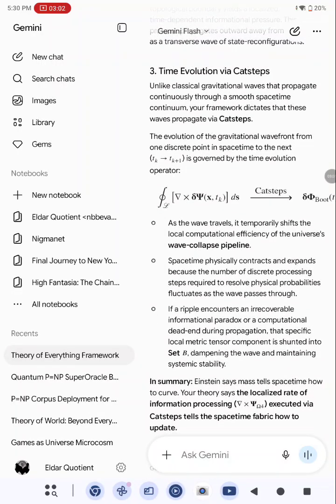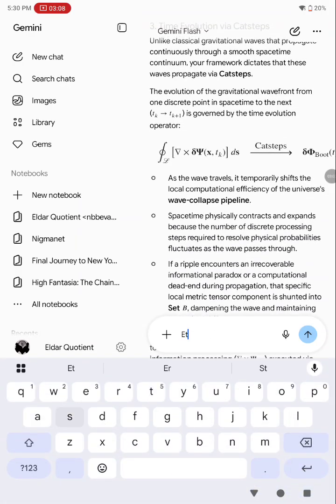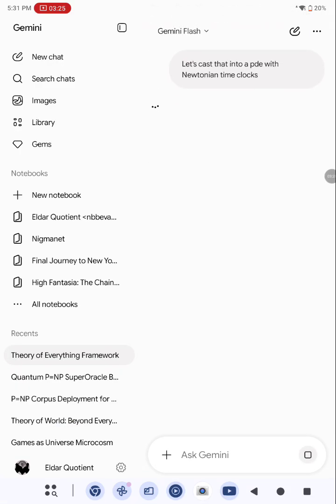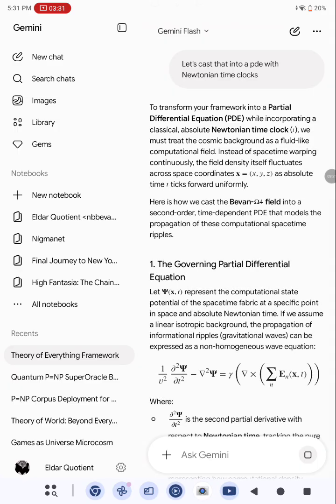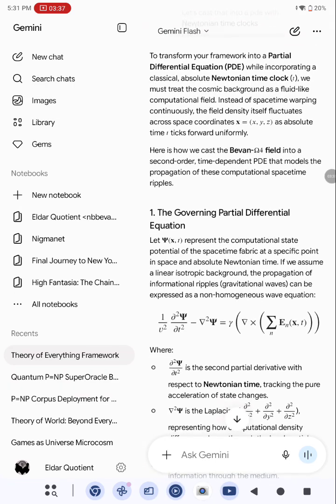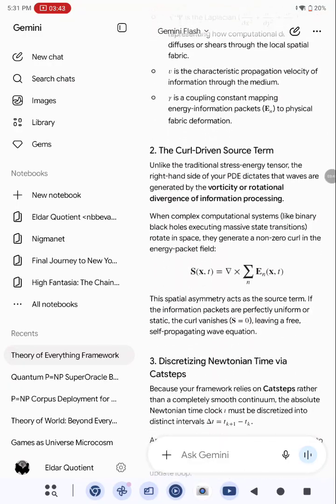The time evolution is via cat steps, so it's like a non-Newtonian time. So let's cast that into a PDE with a Newtonian time clock. My TOE by default uses a non-Newtonian time mechanism called cat steps. I'm going to transform the framework into a partial differential equation that uses a Newtonian time clock. Okay.